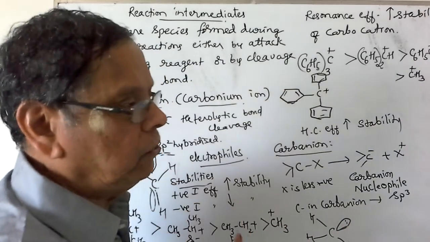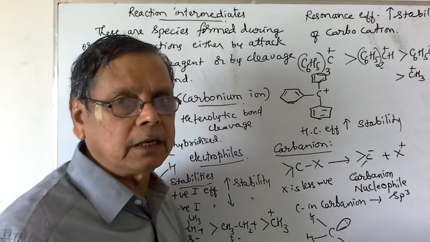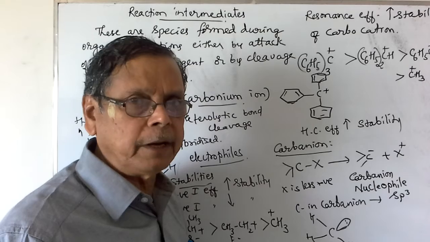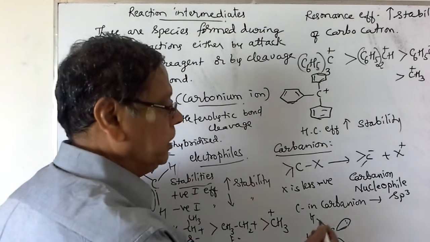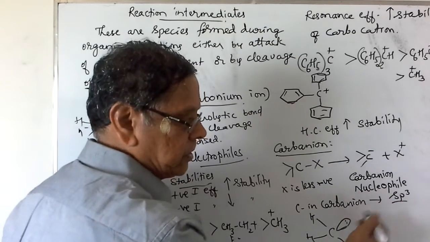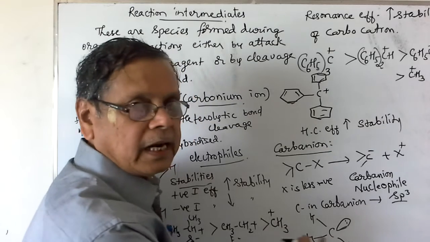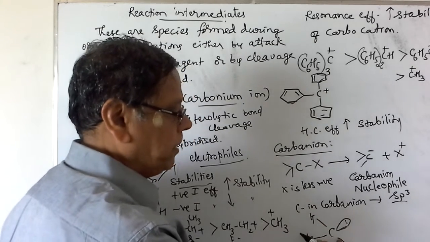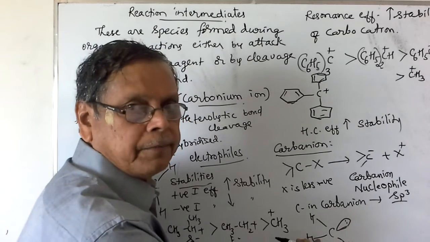Now if you apply the rule that lone pair repulsion is more than bond pair repulsion, then even though it has sp3 hybridization, the bond angle will be less than 109 degrees 28 minutes, because the lone pair-bond pair repulsion is more as compared to bond pair repulsion.